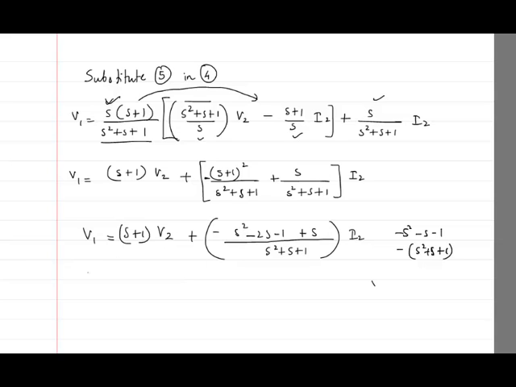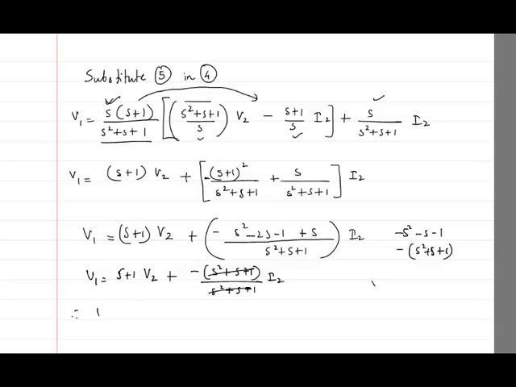So I will get V1 is equal to s plus 1 V2 plus minus of s square plus s plus 1 divided by s square plus s plus 1 I2, where this actually gets cancelled and what remains is only this minus.